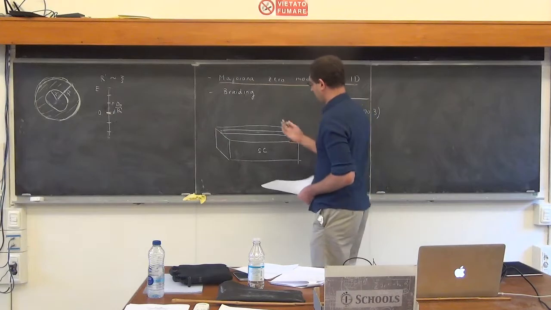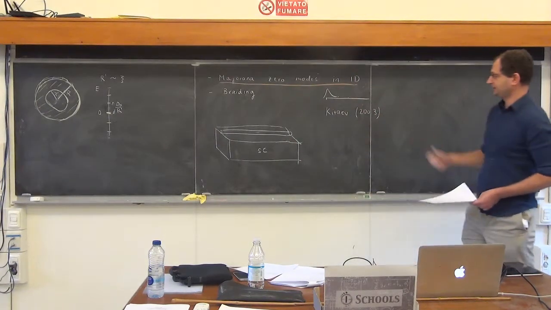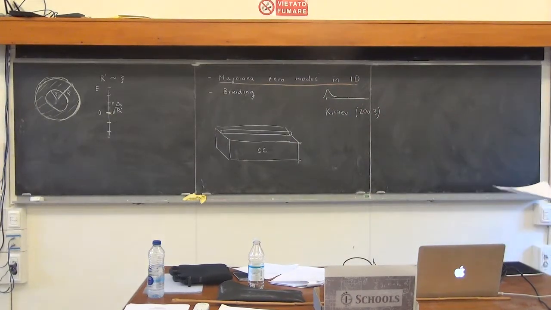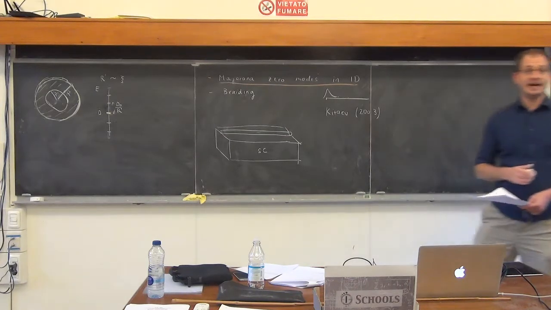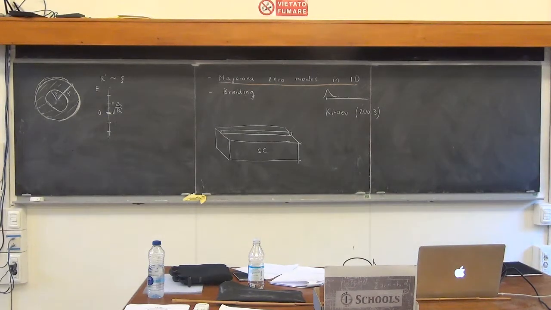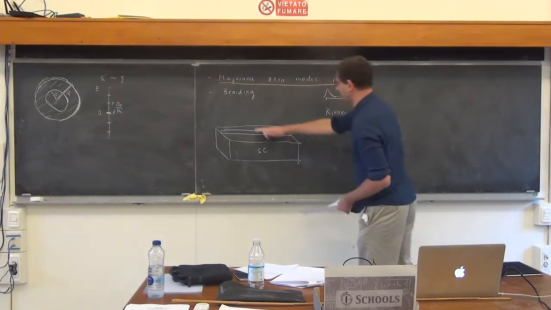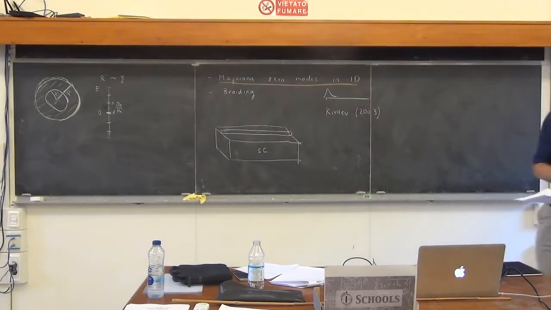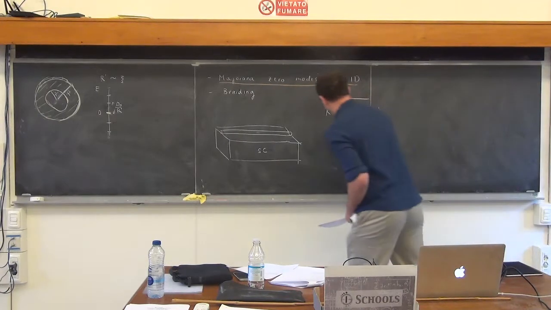Now, more recently, people have realized, I mean, it started as sort of a toy model, a simple model that can demonstrate the principle. Later, people realized that you can actually build these things in the lab. There are some subtleties involved because, as we'll see, what you need is spinless electrons, just as in the p plus ip superconductors. Real electrons have spin. You have to get rid of that somehow. But there's a very clever way of engineering the band structure, essentially, of this wire. So what you need is basically spin-orbit coupling.